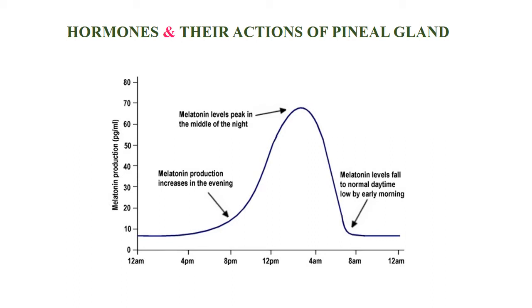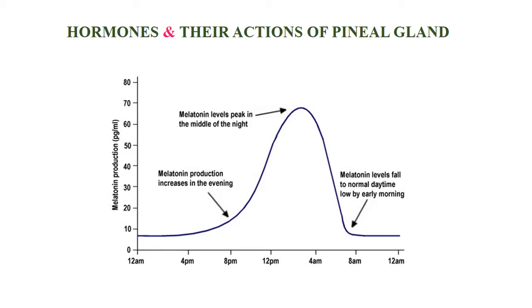Accordingly, exposure to light decreases the secretion of melatonin. In the absence of light, the pineal gland is signaled to secrete a larger quantity of melatonin.